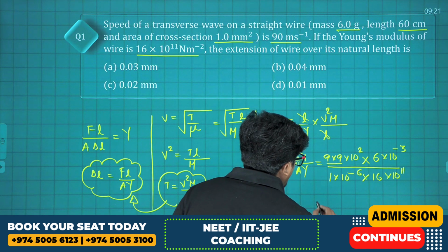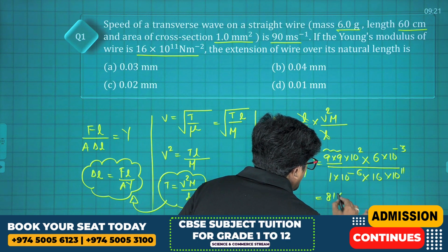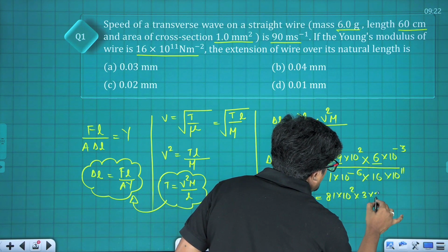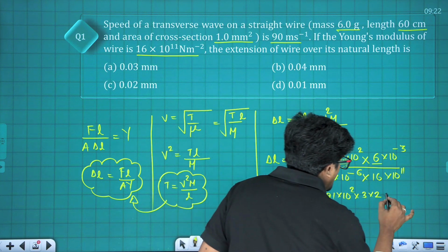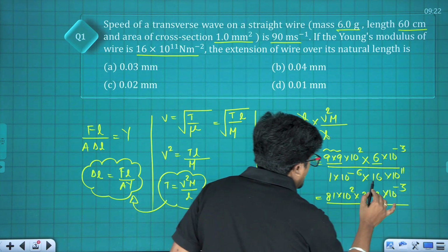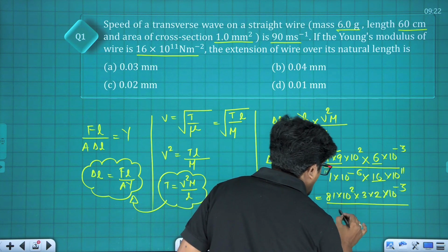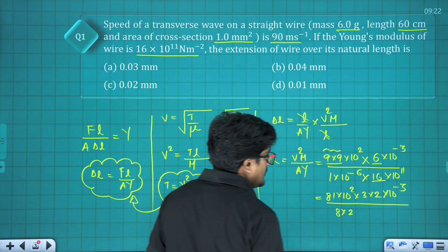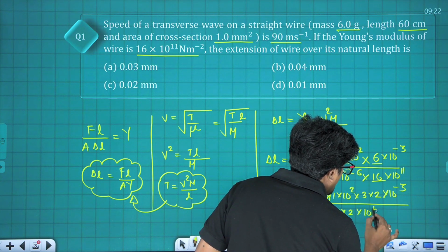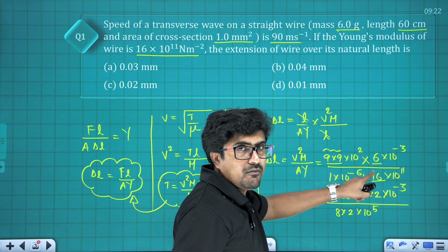Alright, now this can be written as 9 into 9, that is 81 into 10 to power 2, into 3 into 2 into 10 to power minus 3, all divided by 8 into 2, and on the denominator we are having 10 to power 11 and 10 to power minus 6.